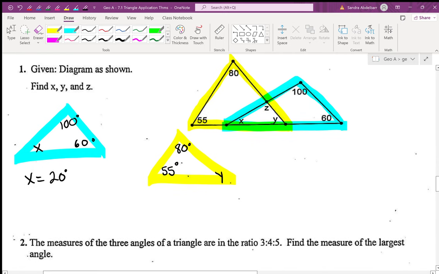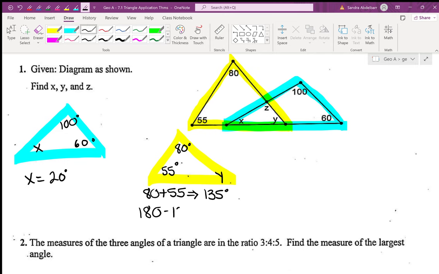So I'm going to add 80 plus 55, which is going to give us 135. And then what am I going to do with that 135? Subtract it from 180. And what do we end up getting? 45?